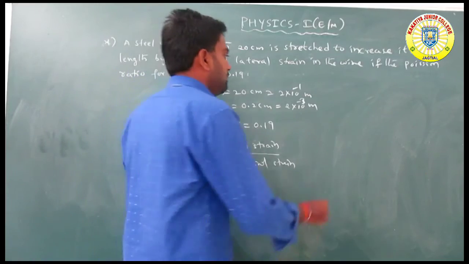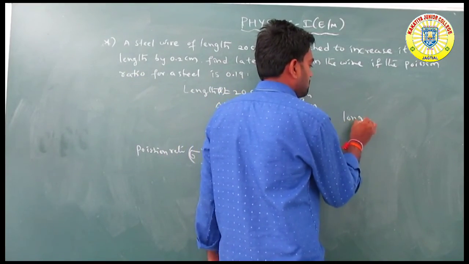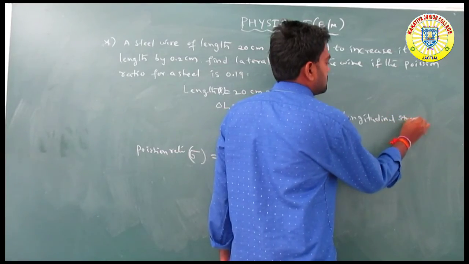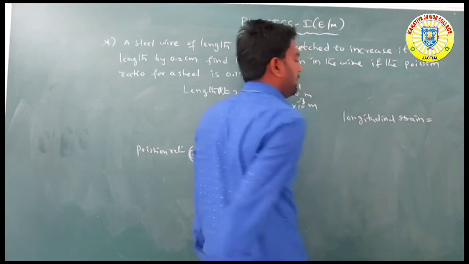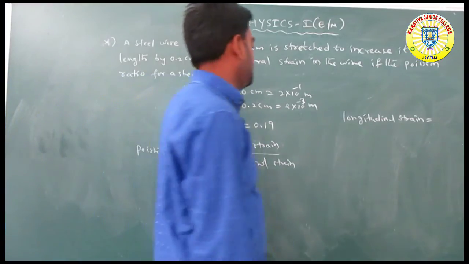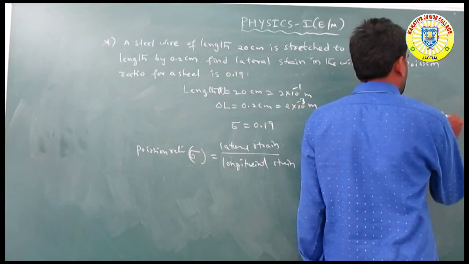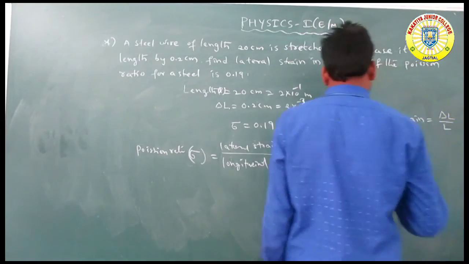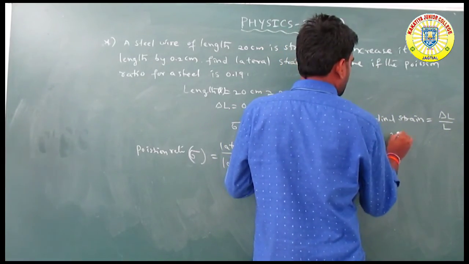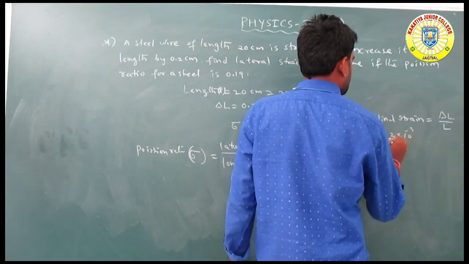Longitudinal strain is equal to change in the length by original length. So change in the length by original length is taken. Okay, so change in the length is nothing but 2 into 10 to the power of minus 3.